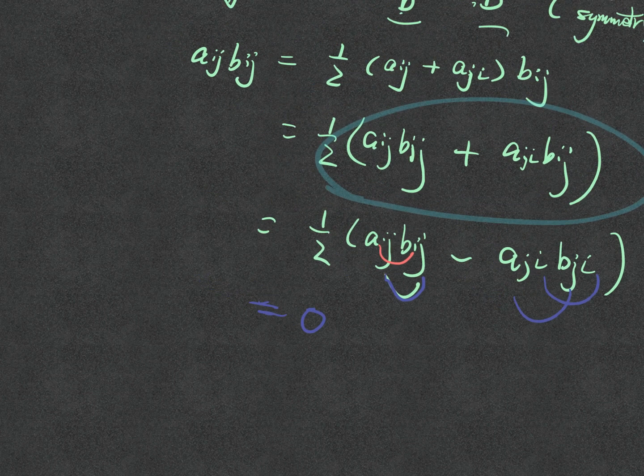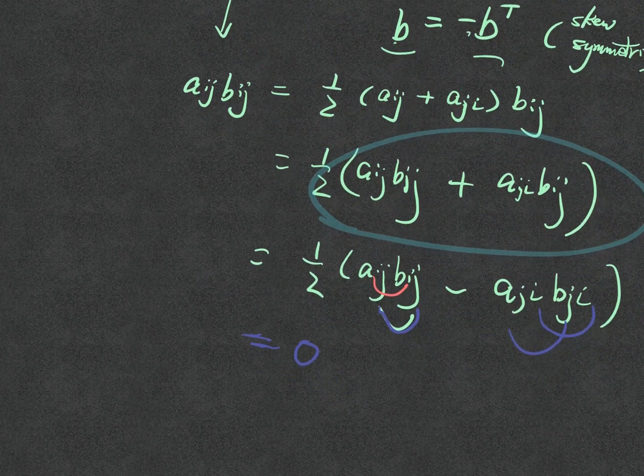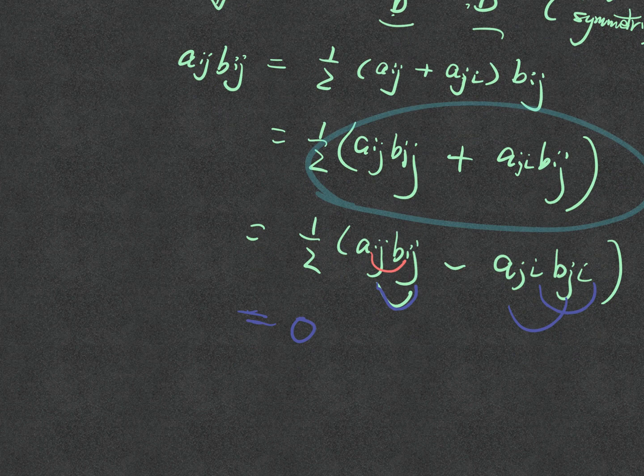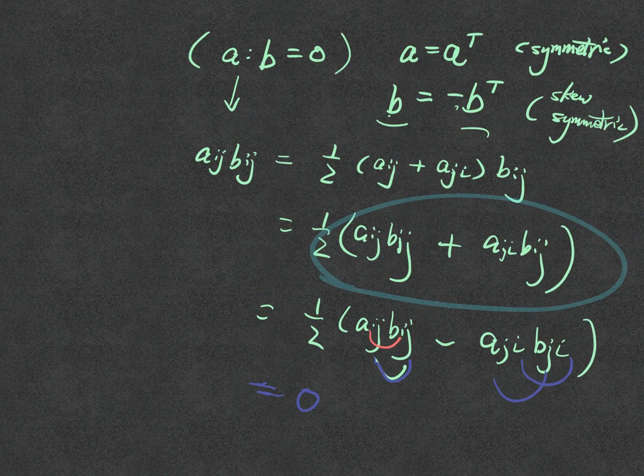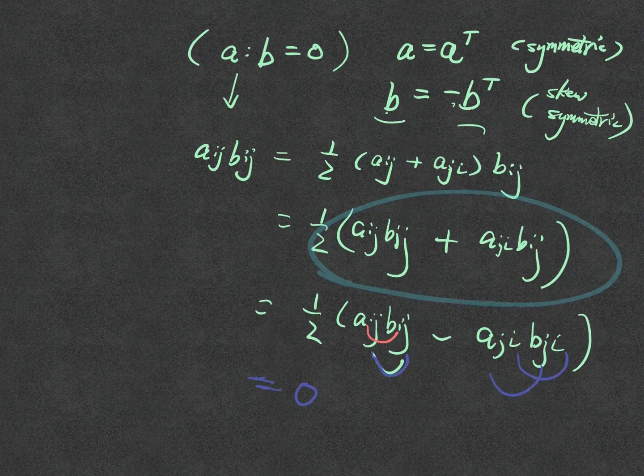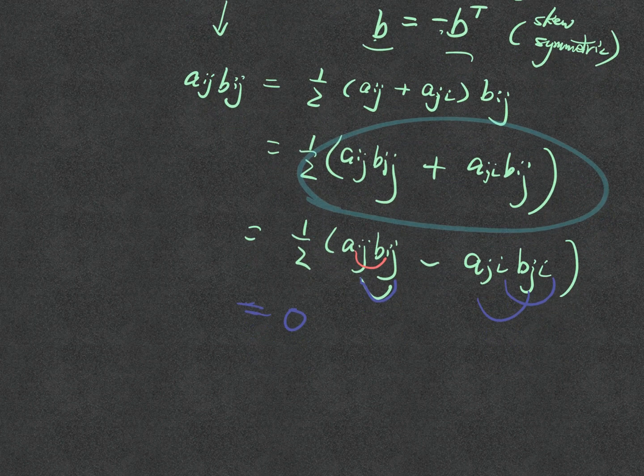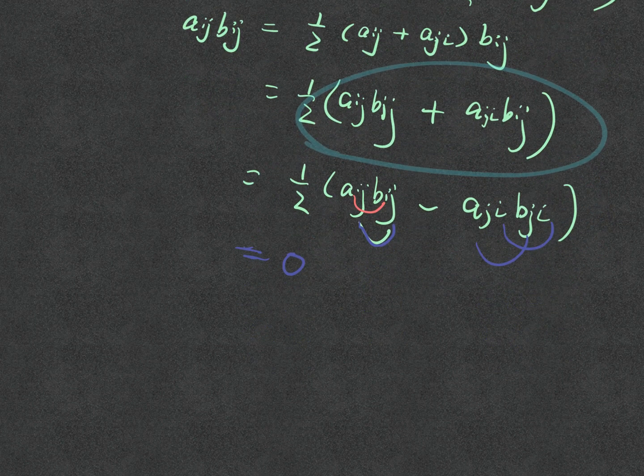Okay, so an important lesson that we have there is that if I take a scalar product of a symmetric tensor and a skew symmetric tensor, it is equal to 0. Now go back to this.